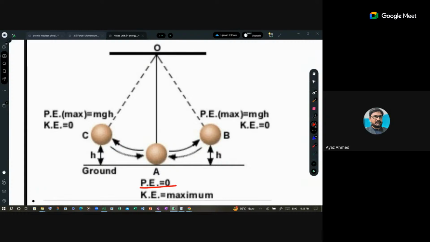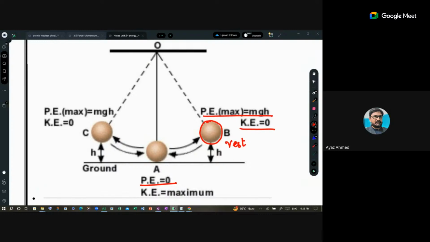But at point B, it has the maximum height during its journey, so it has the maximum potential energy over there. But as it is at rest, it stops, then it moves back. That's why its kinetic energy is equal to zero. Are you getting it?